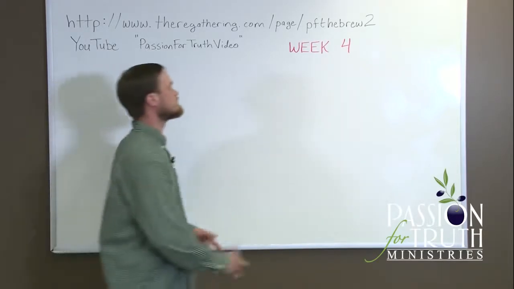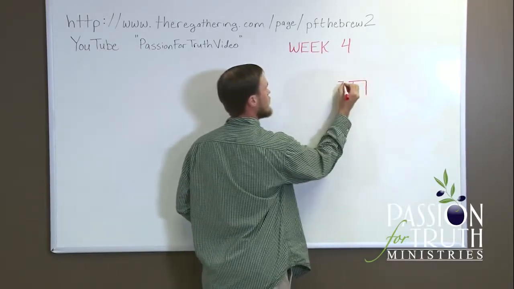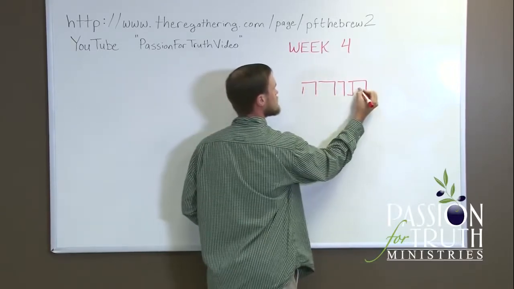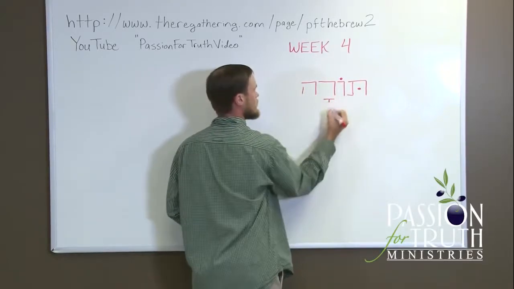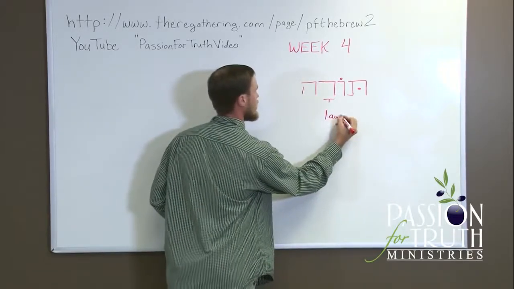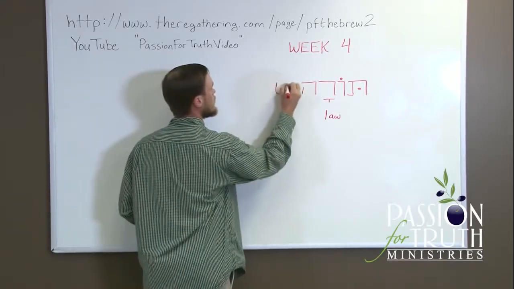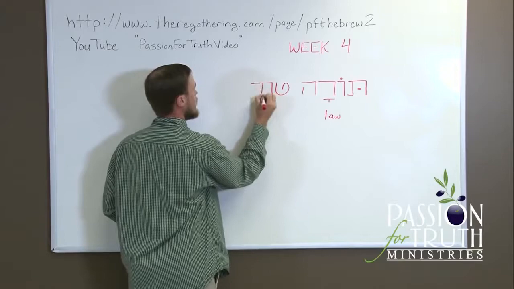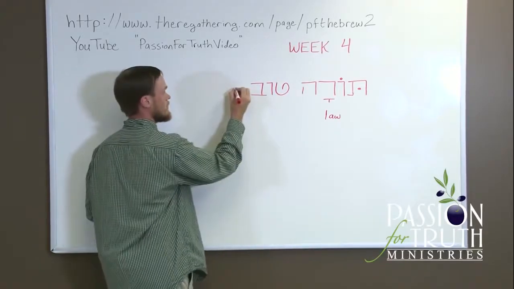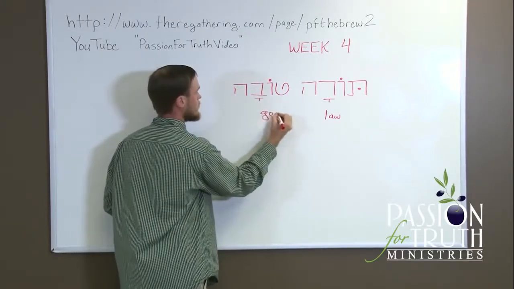Okay. Torah. Torah is law. So if we wish to speak of a good law, Torah. Now Torah is feminine, so we have to use a feminine adjective. Torah tova would be a good law.